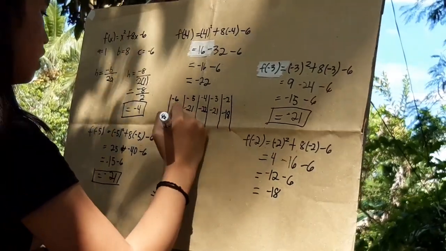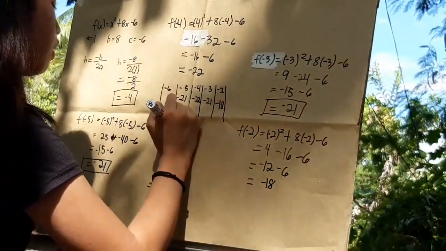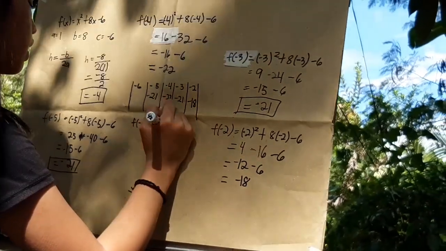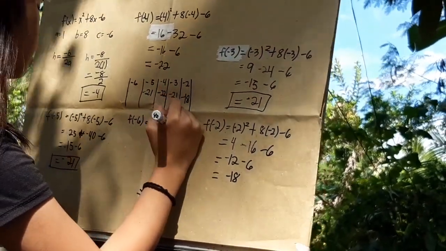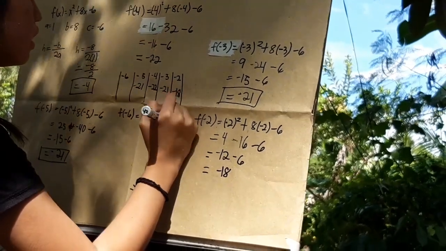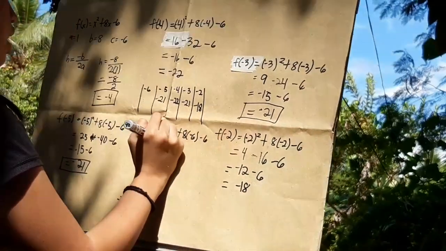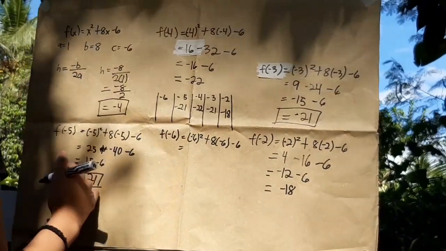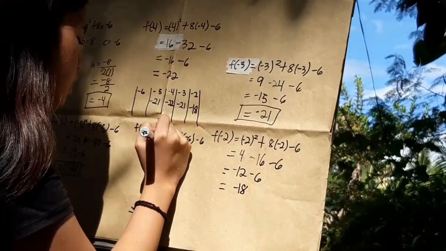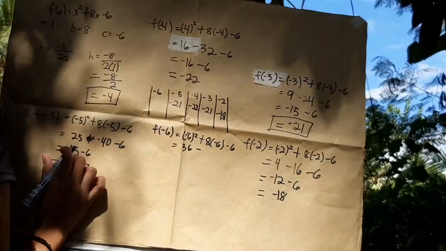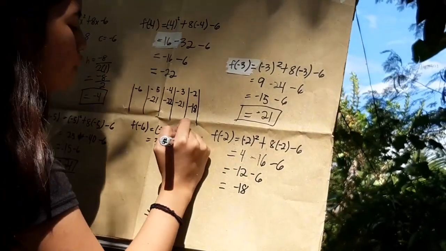Last is negative 6. F of negative 6 equals negative 6 squared plus 8 times negative 6 minus 6. Negative 6 squared is positive 36, and 8 times negative 6 is negative 48.